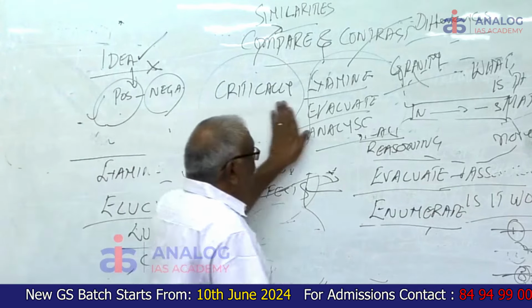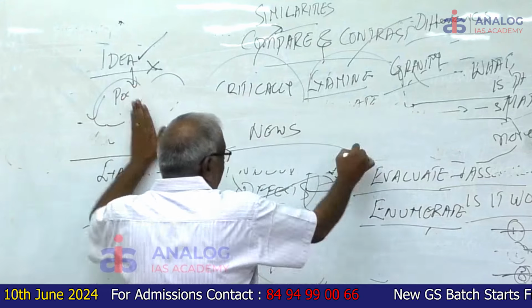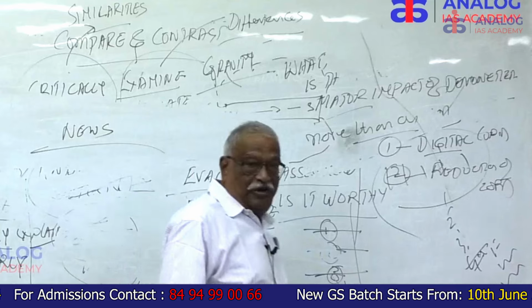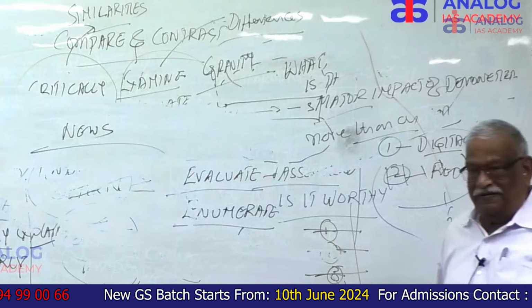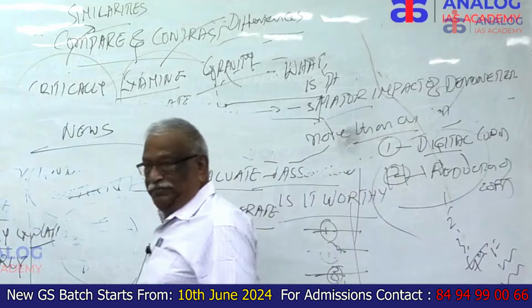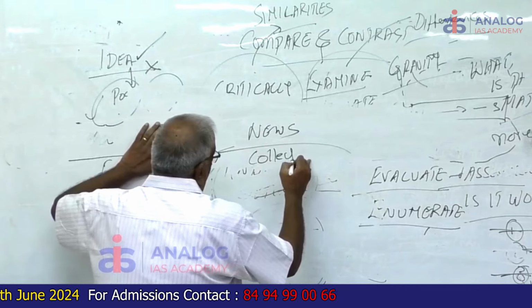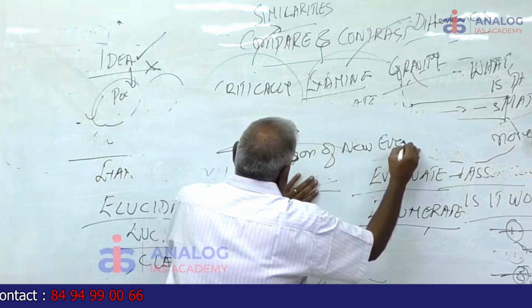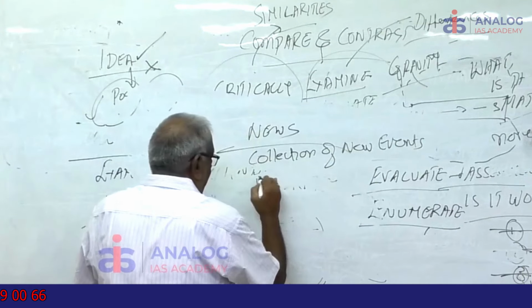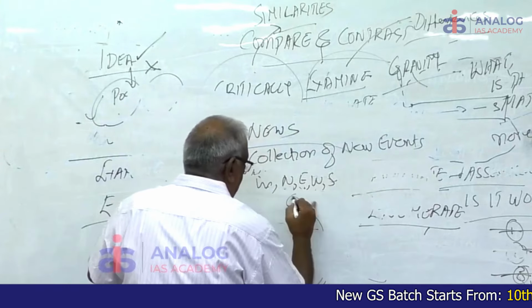Have you heard of the word news? What is news? I think people would have told you long back. North, east, west, south. Right? I have another explanation. News is a collection of information from the north, east, west, south, overnight.